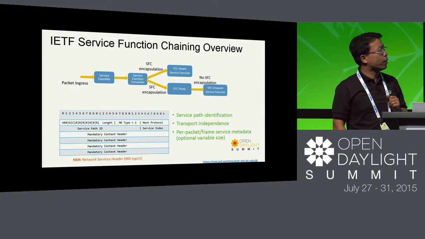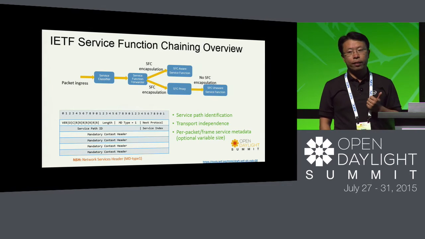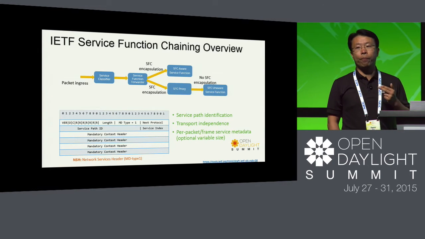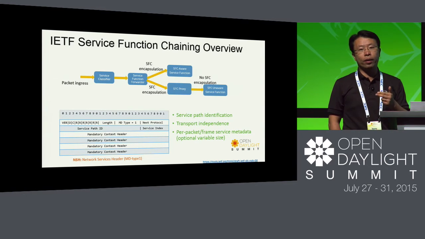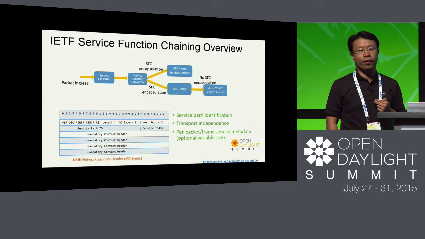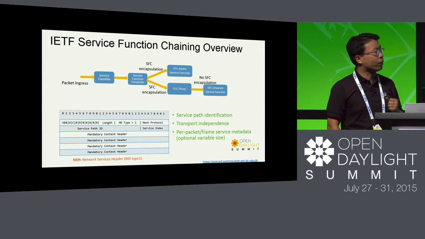The first important one is the service classifier. This receives traffic from the physical NIC and does basic layer 2 to layer 4 classification, or layer 4 to layer 7 classification if you have DPI functionality inside your classifier.